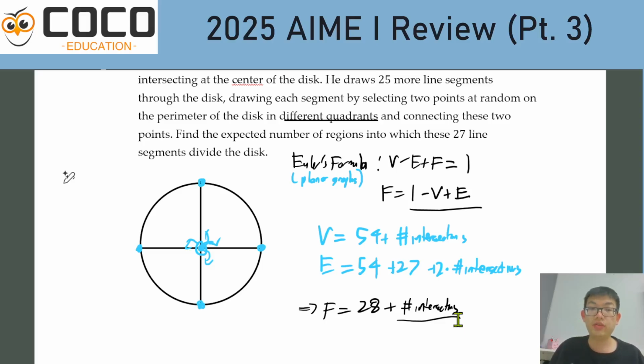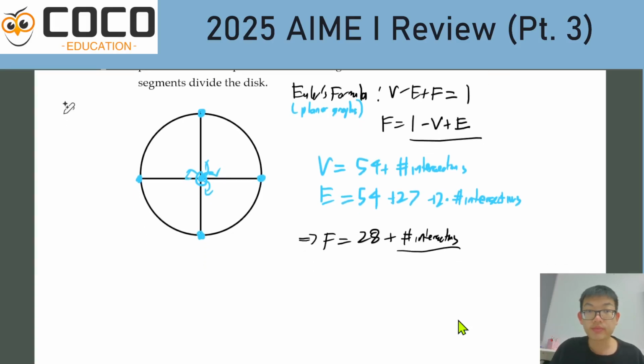Okay, so this is where graph theory ends and probability starts. Now there are 2 diameters and the diameters are fixed. 25 random lines, random chords.